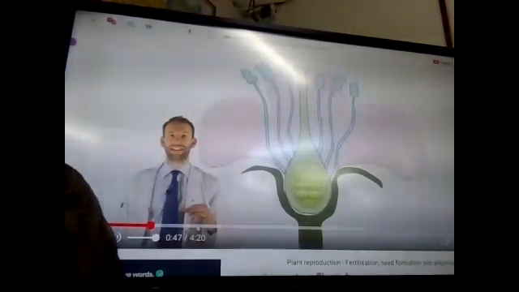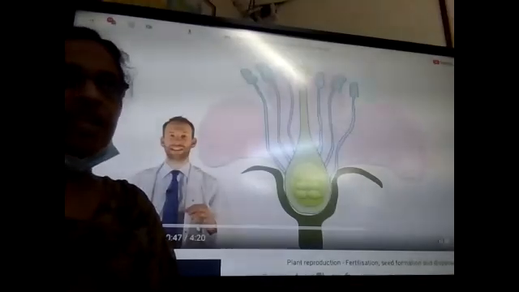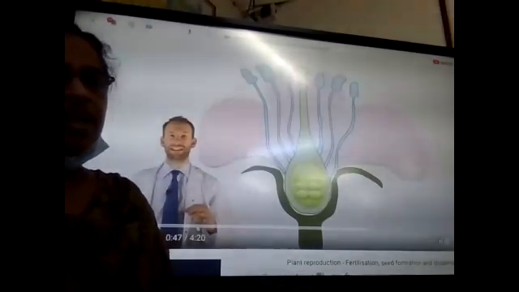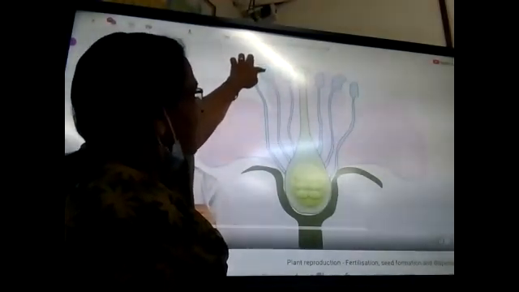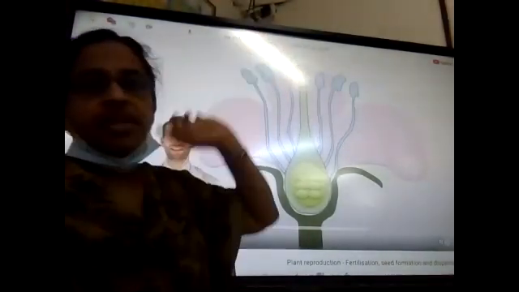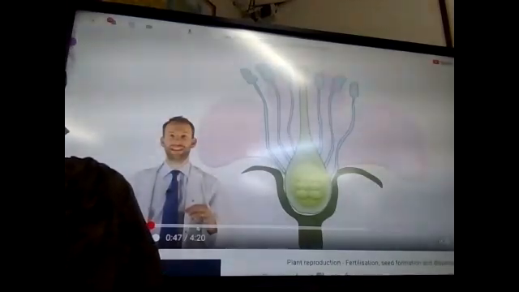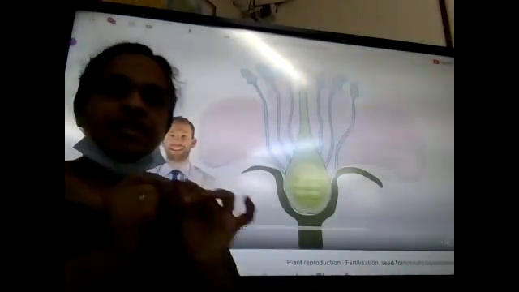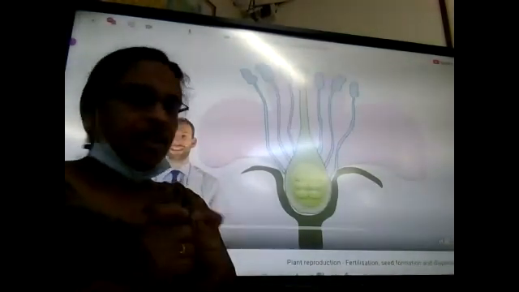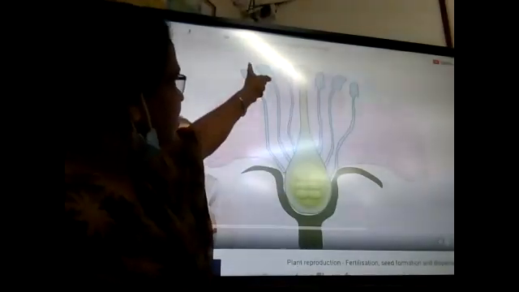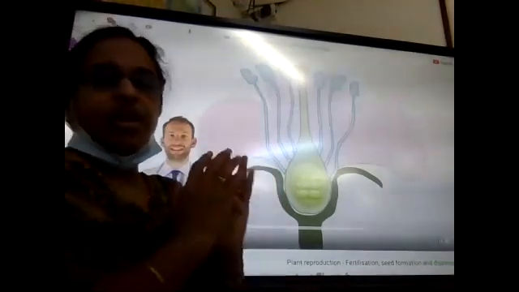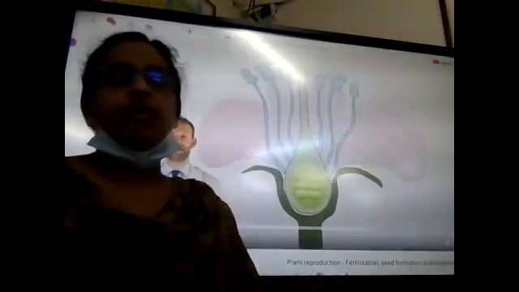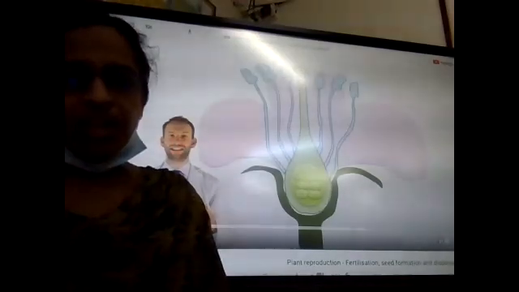Next part we said is about pollination. Do you remember that also? Yes. Pollination is transfer of pollen from the anther to the stigma of the flower. If this happens in the same flower, which has the anther, the male part, and also the female part, we call it self-pollination.